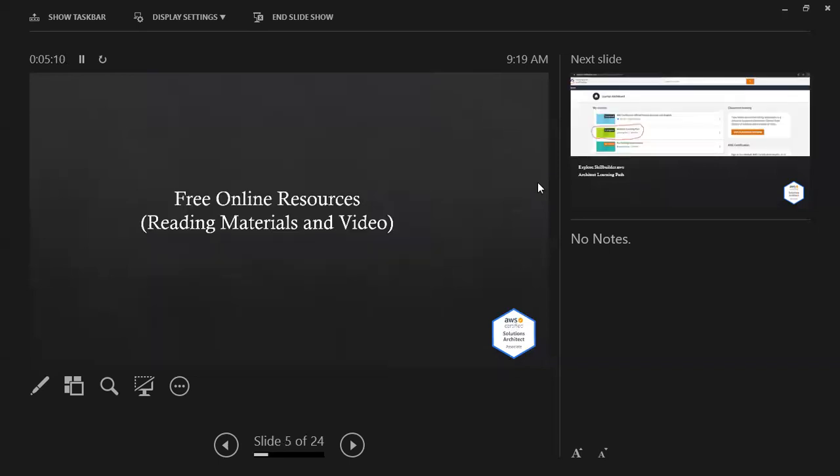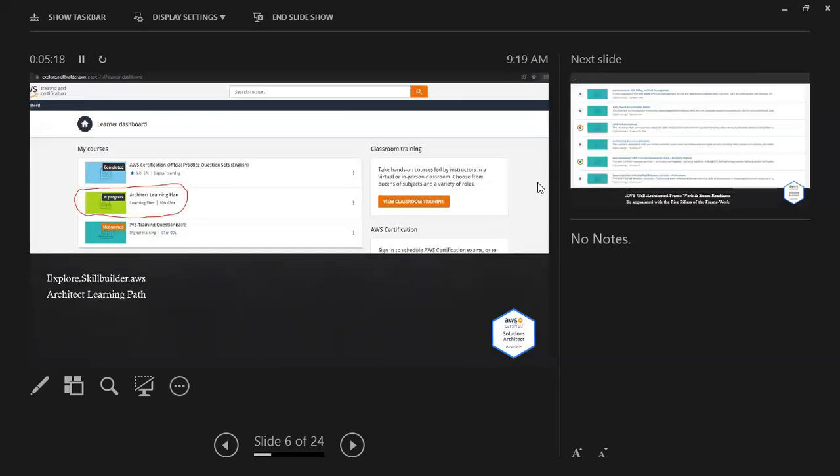So now let's go to the free online resources, both the reading materials and the videos that I used. The first online resource that I laid my hands on is the exam readiness material by AWS itself. You can have access to this at explore.skillbuilder.aws. This is very rich content. I highlighted this architect learning plan.